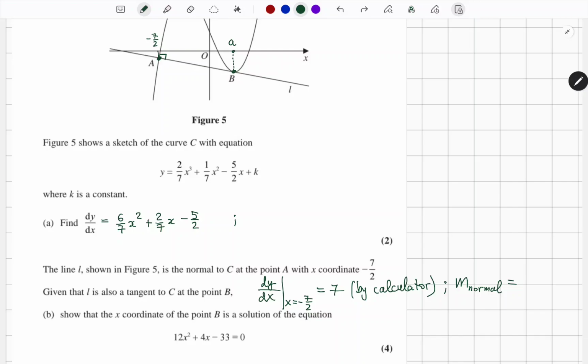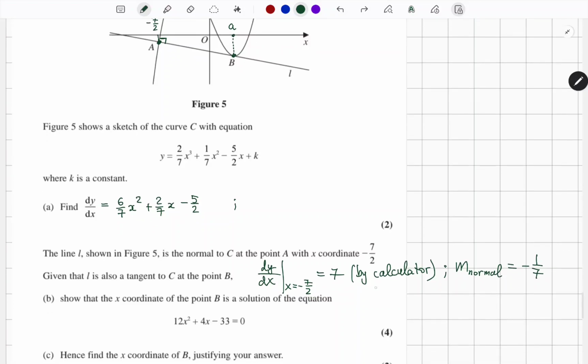I have to flip it and change its sign to opposite. So it's minus 1 over 7. Flip and change the sign to opposite. So this is the gradient of the normal. So this normal then becomes a gradient of the tangent at B. So this is the most important part of the solution.